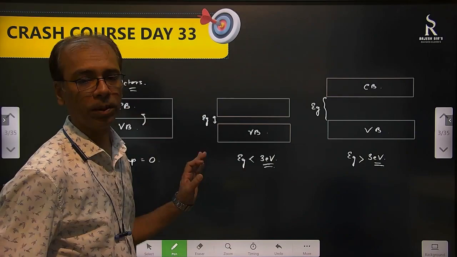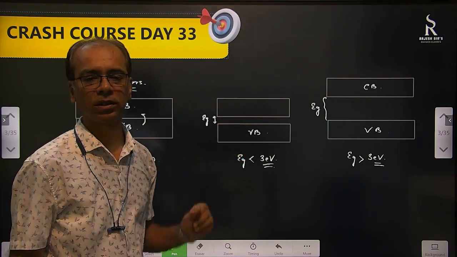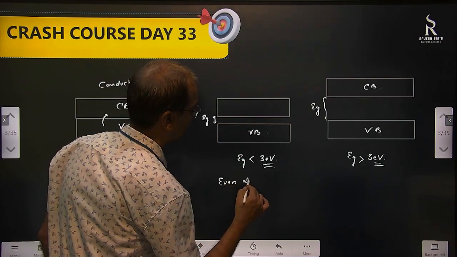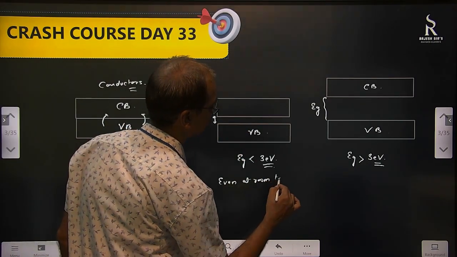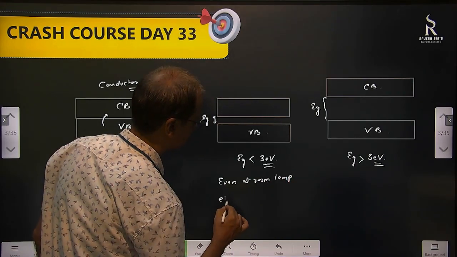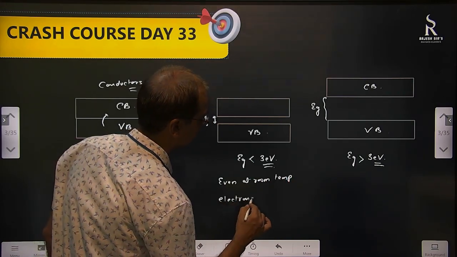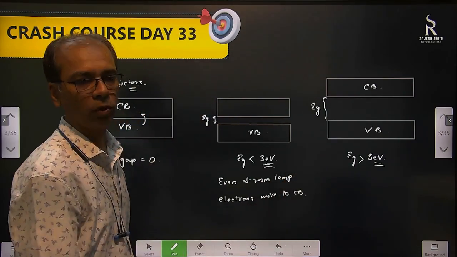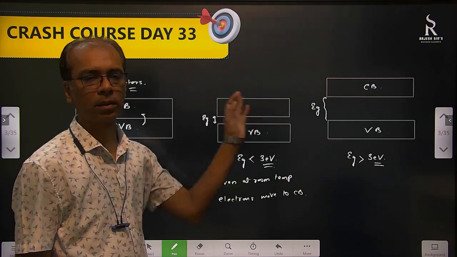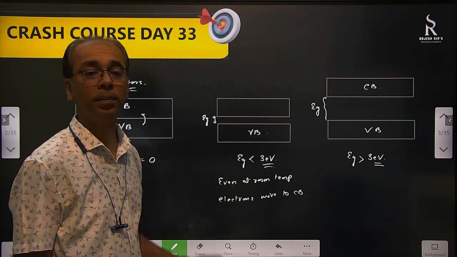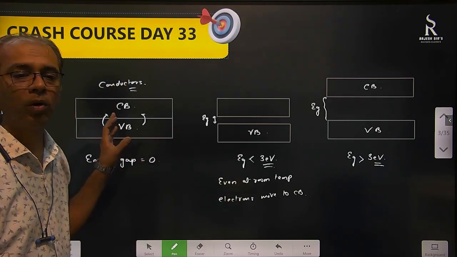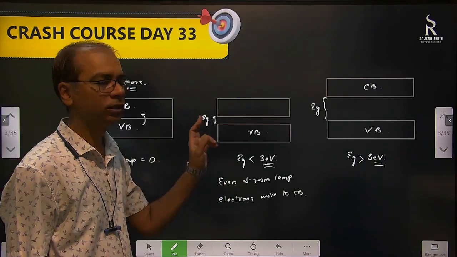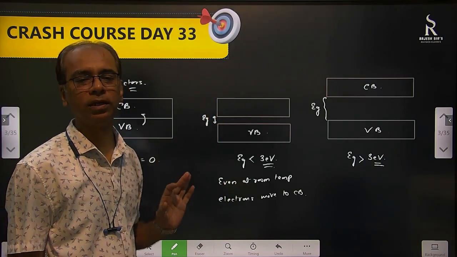So even at room temperature, some of the electrons can move to the conduction band to participate in conduction of current. But still, how many electrons are available here? Very few. They participate in conduction, but the conductivity is very low.